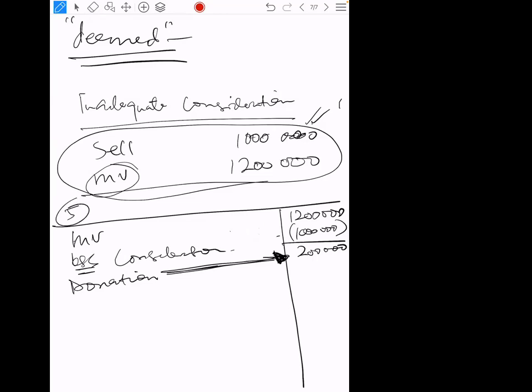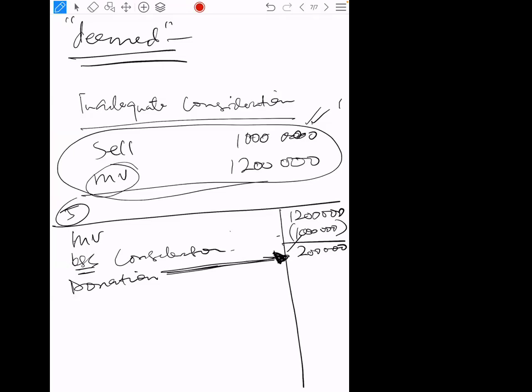Maybe I can ask someone, a friend or whoever I am sitting with, to check for me, note number 5. Was that a disposal of an asset sold for 1 million when it had a market value of 1.2? Verify for me. If it's a yes, I will say, okay, that's the application of 58.1. Right. So that's what we have in 58.1.